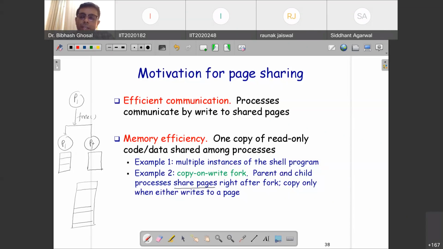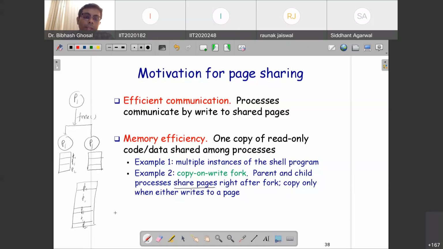P1 and its child both have their respective virtual address spaces, and both can be split up into page number 0, page number 1, page number 2. See, for the process P1, this is page number 0, page number 1, page number 2. Tell me, should I also have the same 3 pages again? Is it really necessary?